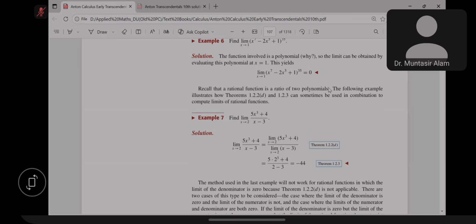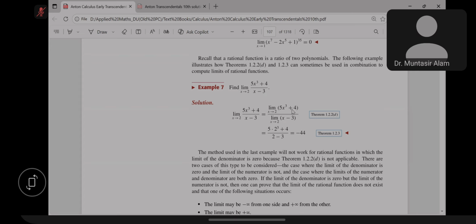All right. So now moving to the next example, example number 7. The question is, find the limit of the quotient function 5x cubed plus 4 divided by x minus 3. As you notice, this is a quotient function. That means we need to handle the limiting problem separately.